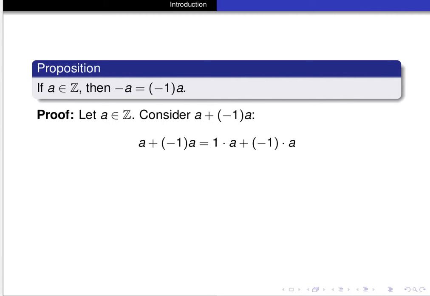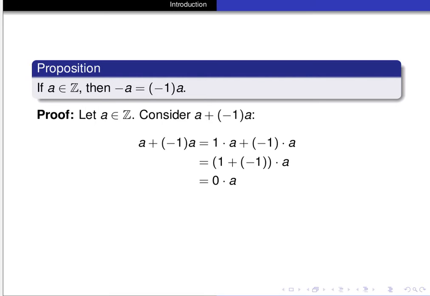Well, a plus negative 1 times a is going to be 1 times a plus negative 1 times a. We can use the distributive property to factor out the a. So this becomes 1 plus the additive inverse of 1, times a. 1 plus the additive inverse of 1 is 0, so that becomes 0 times a.